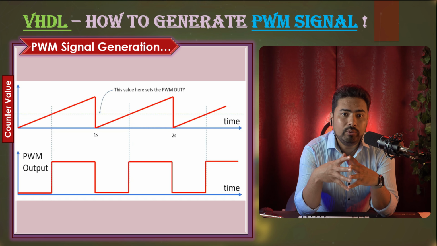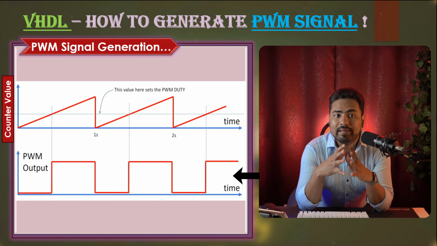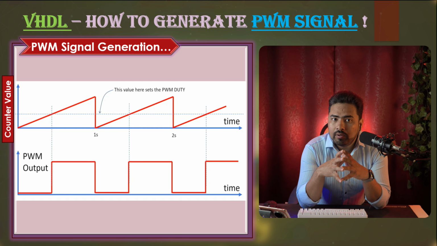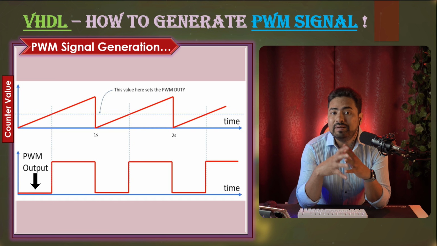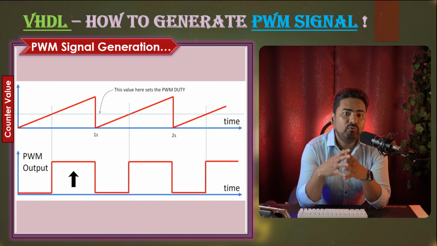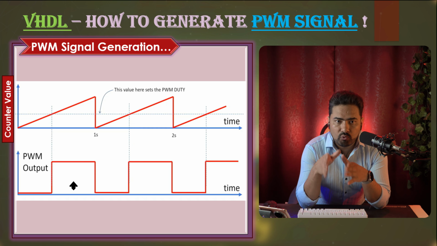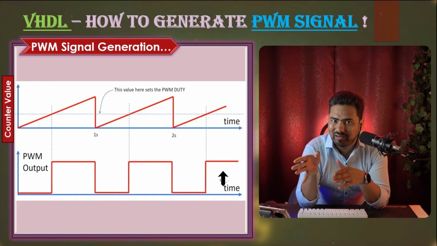Let me tell you that this PWM output actually has a 50% duty cycle. Why? Because it is low for 50% of the time and high for the rest 50% of the time during one cycle. Like you see 0, 1, 0, 1, 0, 1.